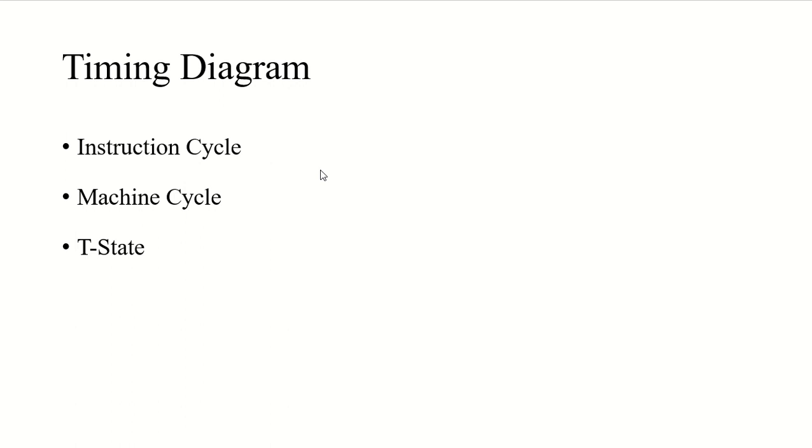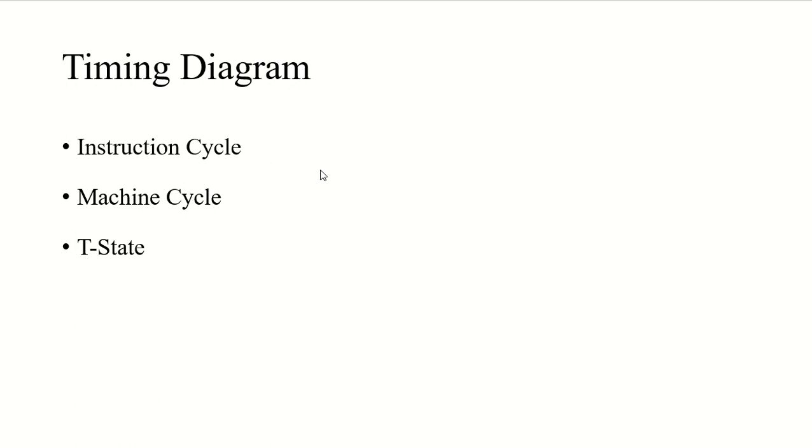So you just have to add the fetch cycle and the execute cycle, and you will get the instruction cycle. By the way, all these cycles are carried out in synchronization with the clock.